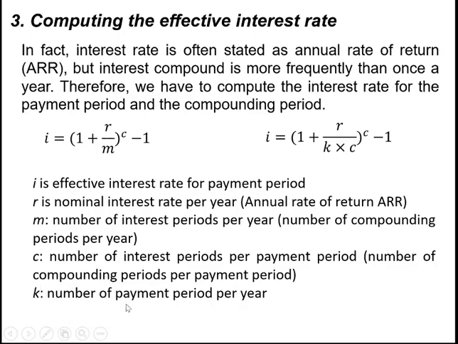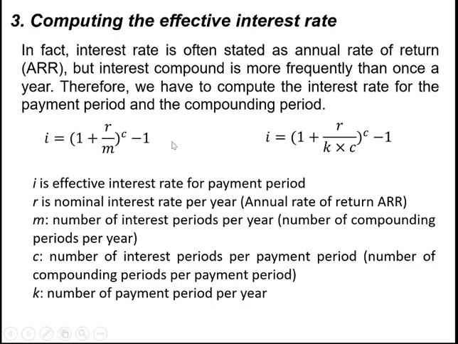And k is the number of payment periods per year. So it's a general formula to use in these situations.